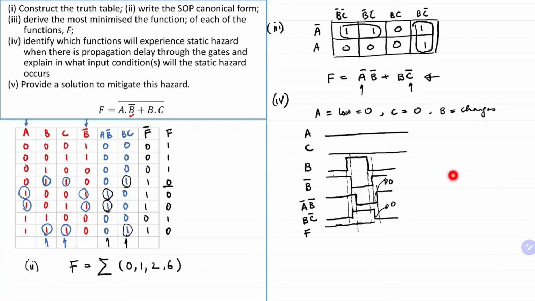You can see that 0, 0 gives us 0, and this happened a moment later. This is our static hazard.